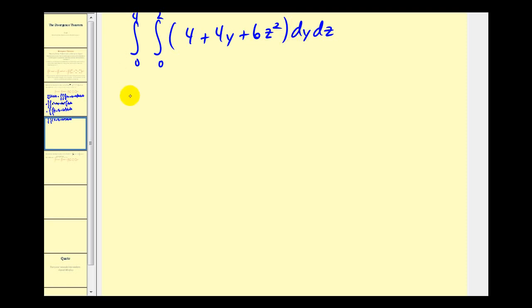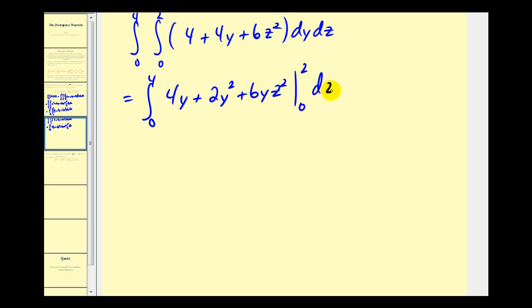Integrating with respect to y is going to give us 4y plus 4 times y squared over 2, that'll be 2y squared. Here we'll have plus 6yz squared. And now we're going to replace y with 2 and then y with 0.